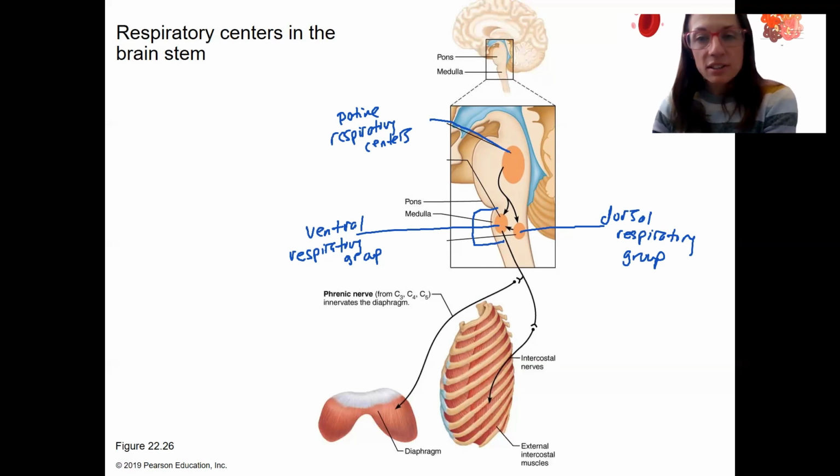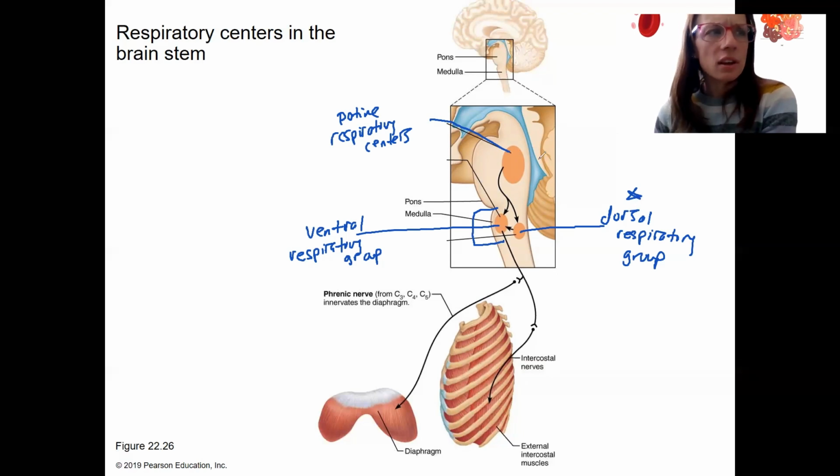The various different cell groups here, I'm not going to talk a whole lot more about. The medullary regions are more for setting like a basic rhythm. This dorsal group is going to have incoming information, so from baroreceptors and chemoreceptors.